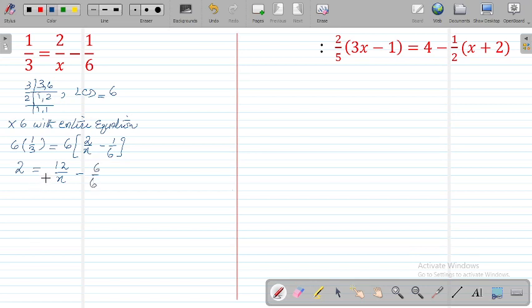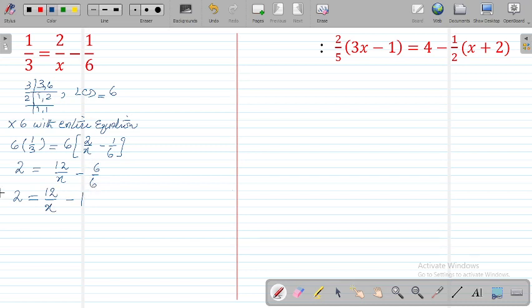Okay, so with more simplification, it will be given as 2 is equal to 12 upon x minus 1. 6 divided by 6 is 1.